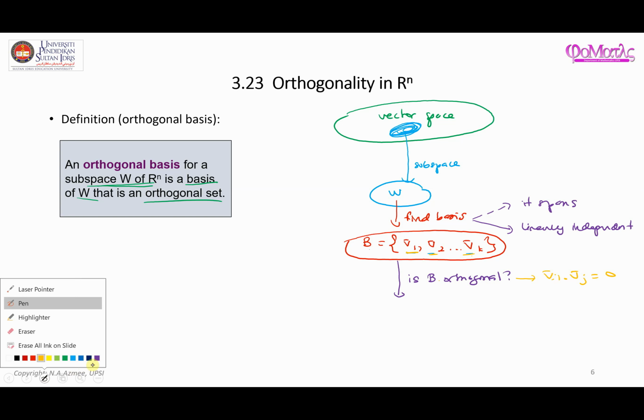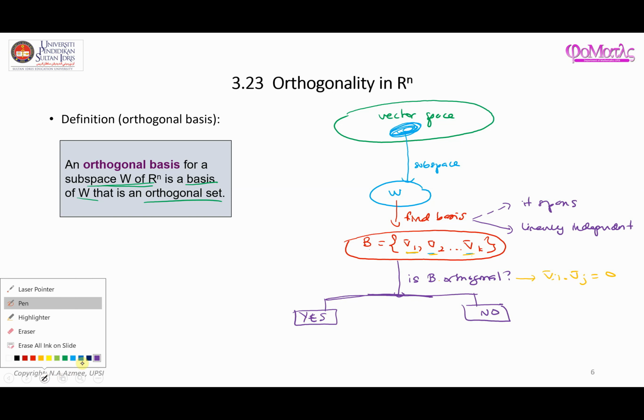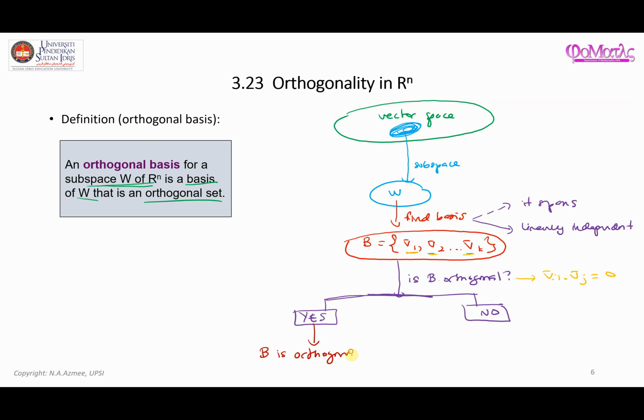Is B orthogonal? Again, we can have two answers to this question. It can be yes, B is orthogonal, or it can be no. If it is yes, then we can say that B here is an orthogonal basis.